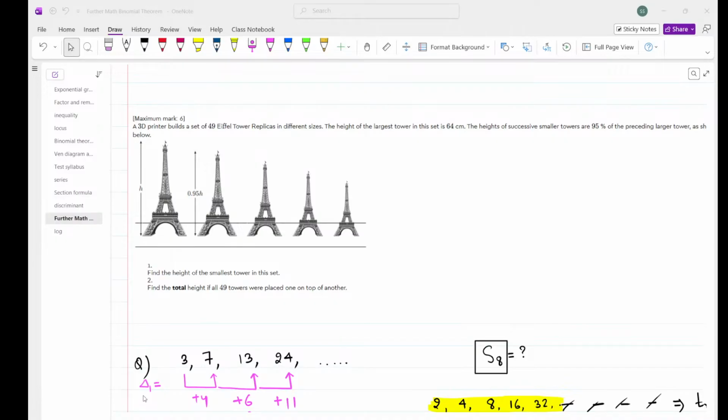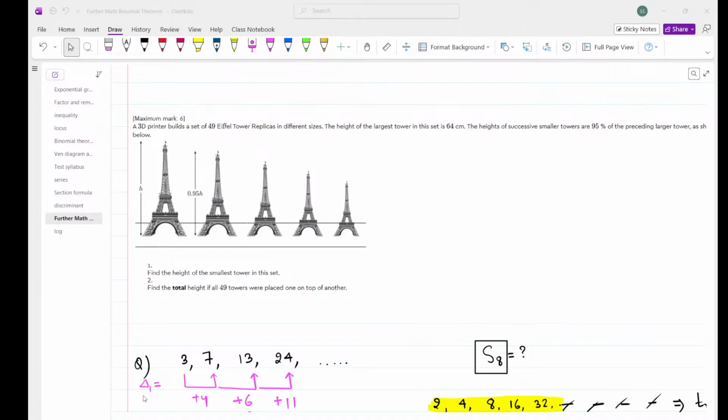Let me make sure: 64 times 0.95 times 0.95 times 0.95 times 0.95. Yeah, you're getting 52.1284. Are you sure? 64 times 0.95 to the power of 4.